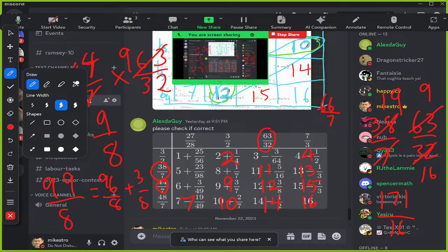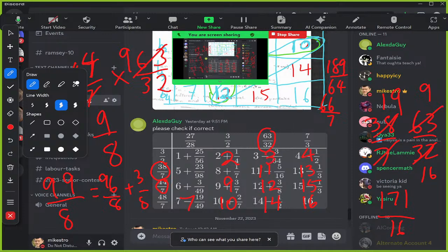You can do 3 on 2 times 63 on 32, which is 189 on 64. So 3 64ths would give you 192. So that'd be 3 minus 3/64, which rounds up to 3. Yeah?